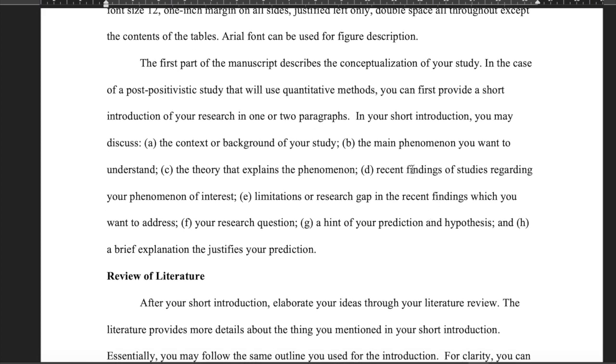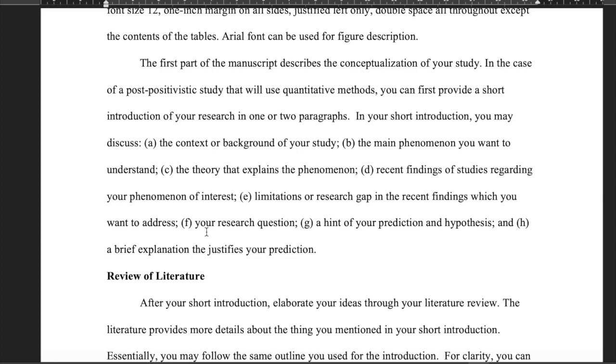Fourth, you want to mention the gist of the recent findings about the phenomenon that you're interested in. Next, you want to mention the limitations of these findings, essentially your research gap.